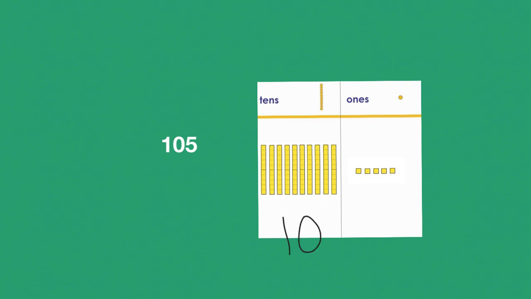Now for our ones place. We have 1, 2, 3, 4, 5 single units in our ones place. Now we can see that our number 105 is represented by rods and units.